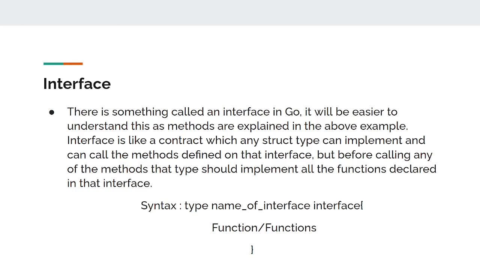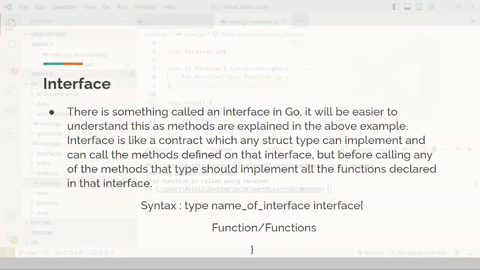So we can declare an interface and then a structure, or any type variable. We define the functions declared in that interface on that structure or type. Those can be called using the receiver as we have seen. The declaration of an interface is type, then the name of the interface, then interface, and then we have functions in that. We will see code now.